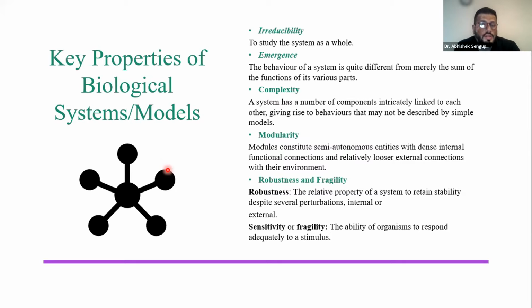Next is modularity. So what is modularity? Bacterial systems may be viewed as modules that constitute semi-autonomous entities, right? It's not that a particular biological process takes place in a uniform or a homogeneous system.